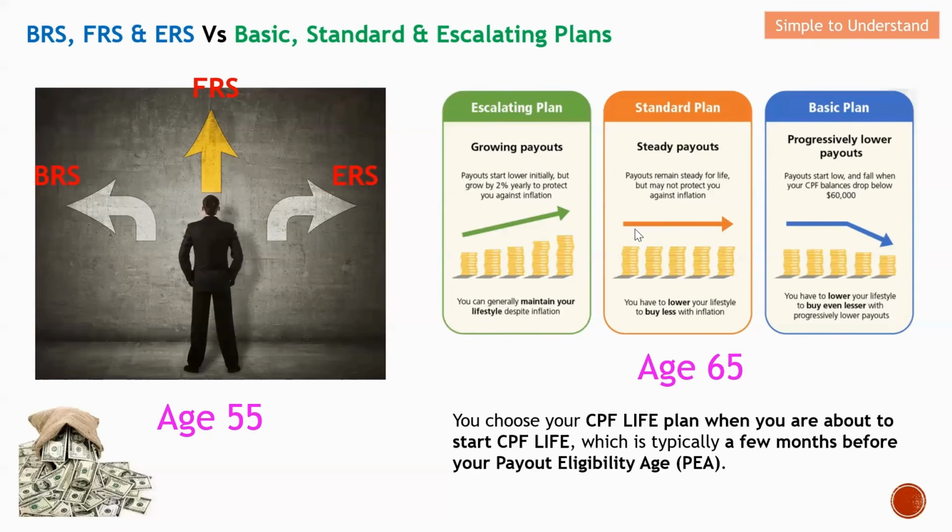From here, you can see that your money payout remains constant throughout your lifetime. Next will be the escalating plan. From here, you can see that for the escalating plan, the money payout will pick up on a linear basis. Later on, I will explain the key difference between these three plans.